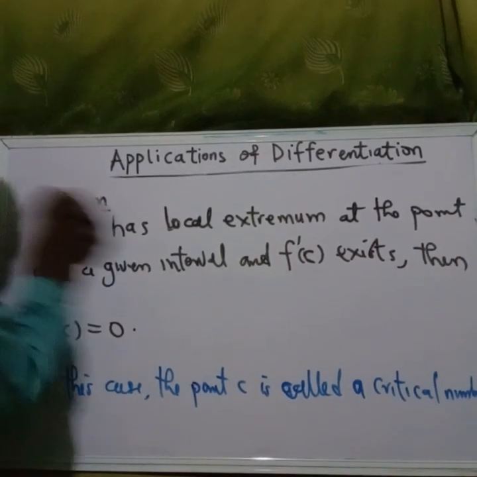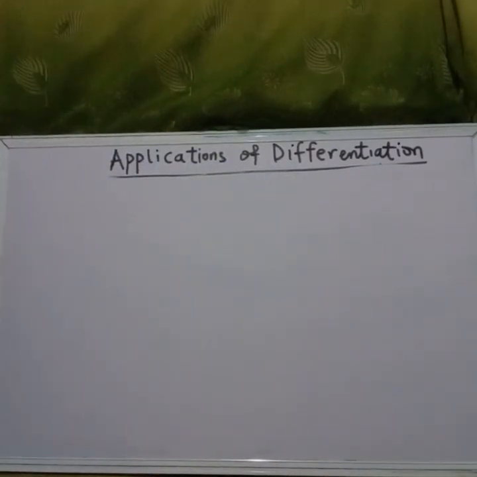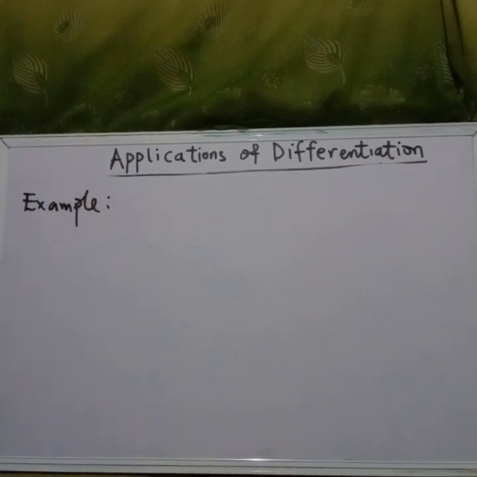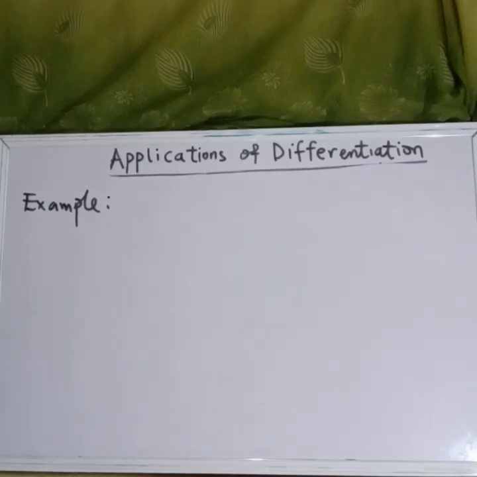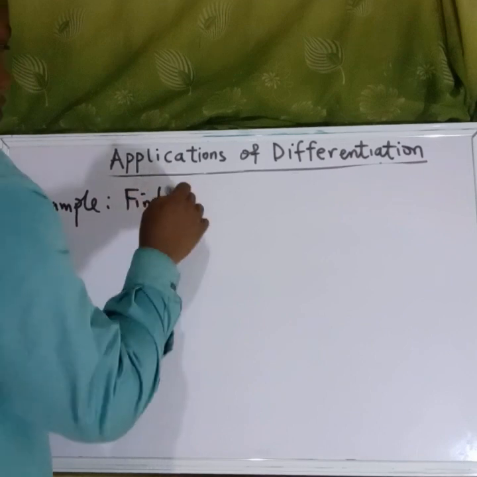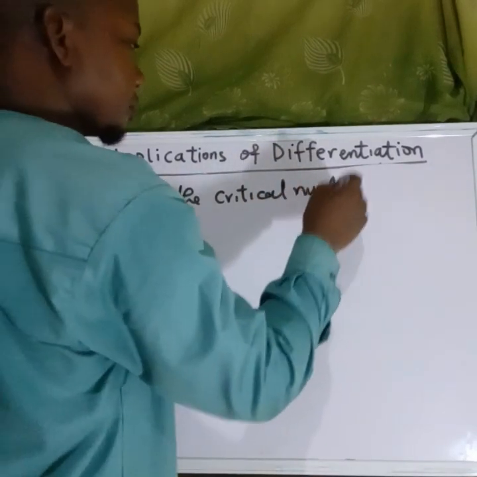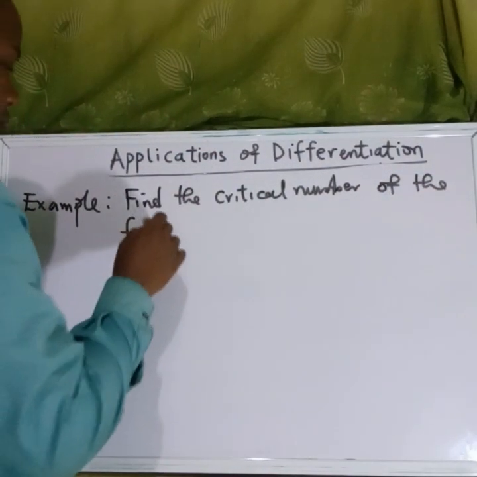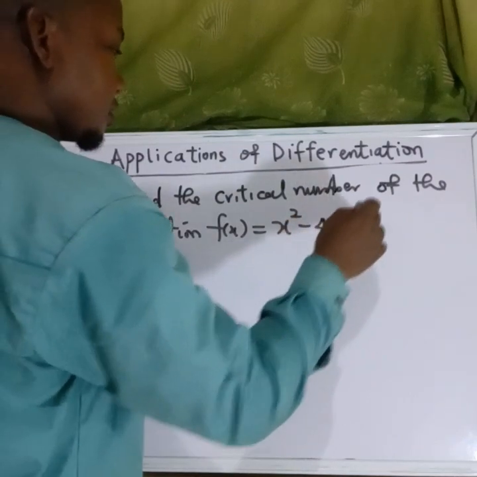So, example: we have to find the critical number of the function f of x equals x squared minus 4x plus 1.